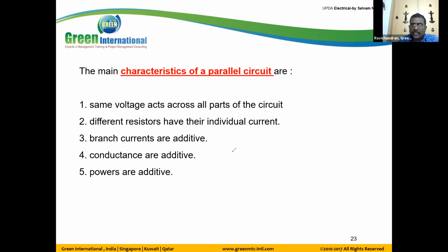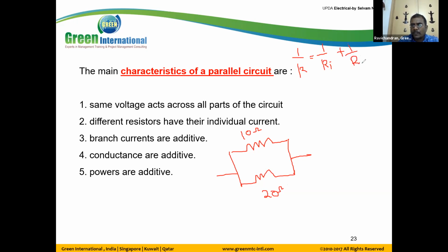And similarly, we have two resistances in parallel: a 10 ohm resistance and a 20 ohm resistance. What is the formula? 1 by R is equal to 1 by R1 plus 1 by R2. That is 1 by 10 plus 1 by 20.